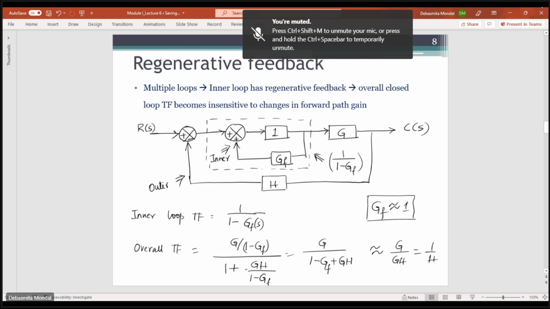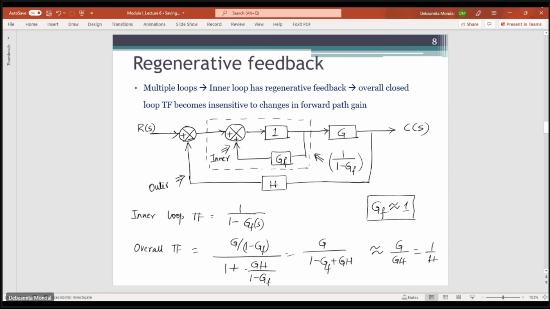Since it is not dependent on the forward path gain, any variations happening in the transfer function G will not affect your output.